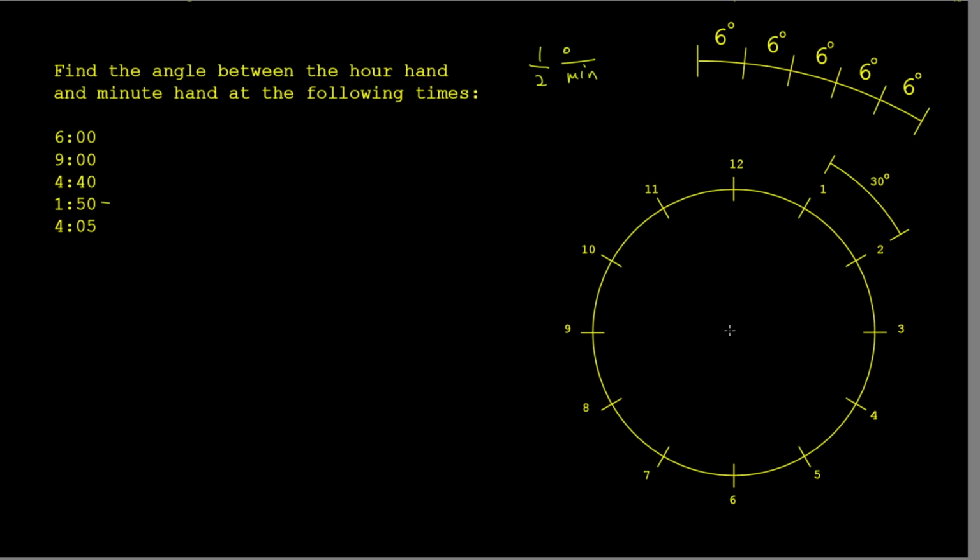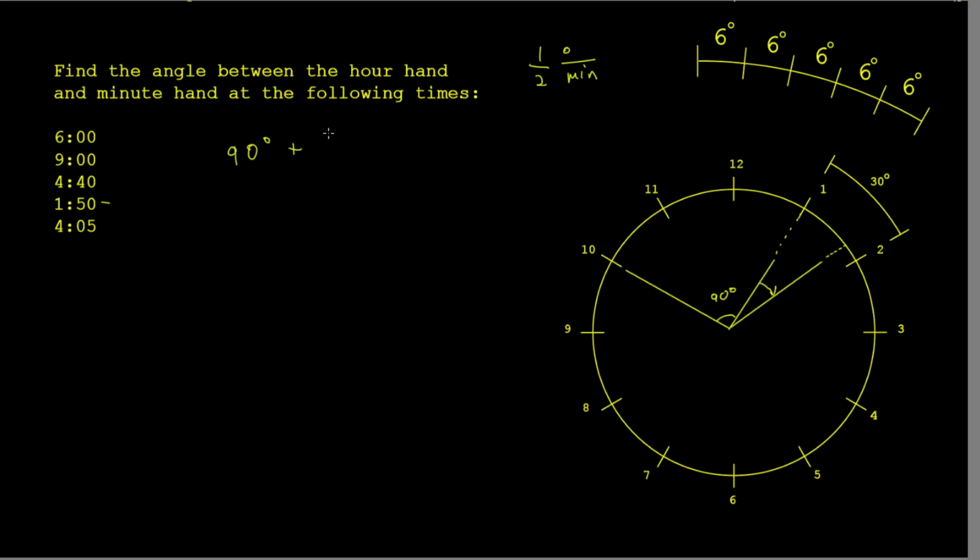Again, if the hour hand did not move, it would point up toward the 1, and the minute hand would point over here towards the 10 or 50 minutes. We're going to do a dotted line again just to see the scale. The hour hand does move, so it's going to go over here. It doesn't need to be to scale, you just need to get an idea of what it's doing. So if the hour hand did not move, it would be 30, 60, 90. So that would be 90 degrees. Now this time, the movement of the hour hand increases the angle.